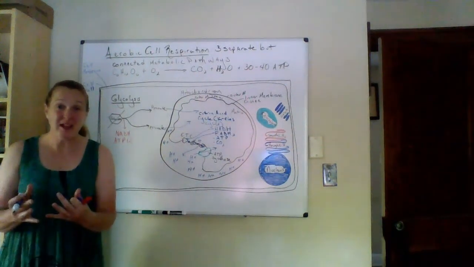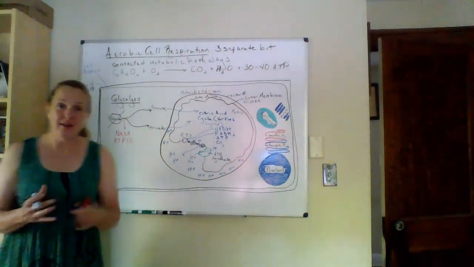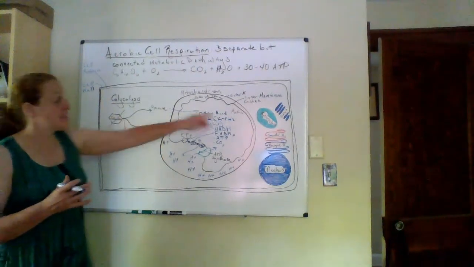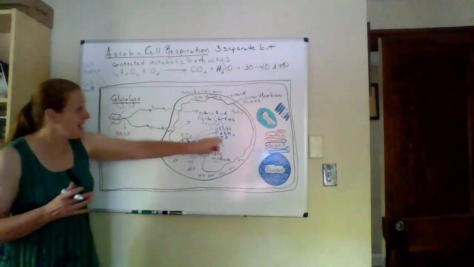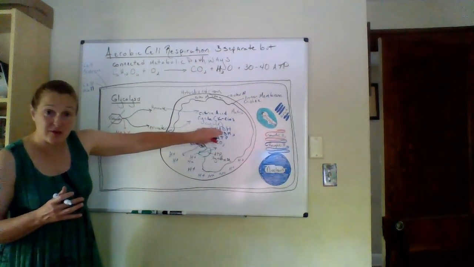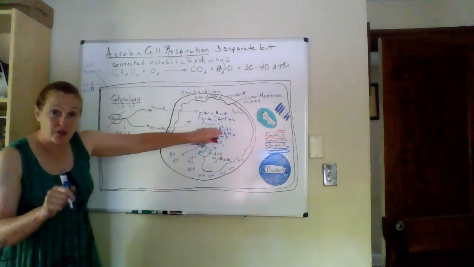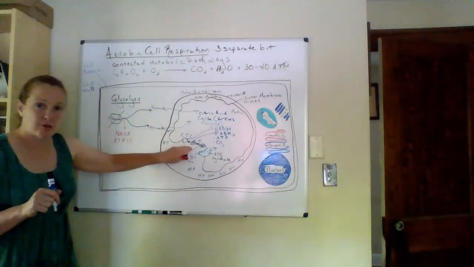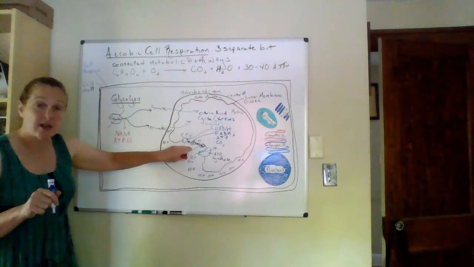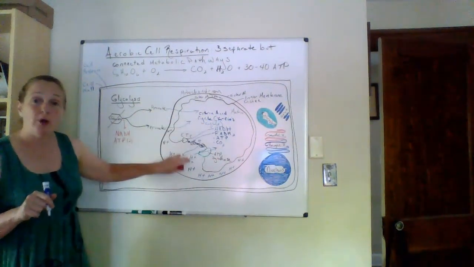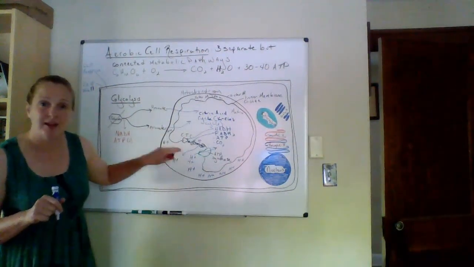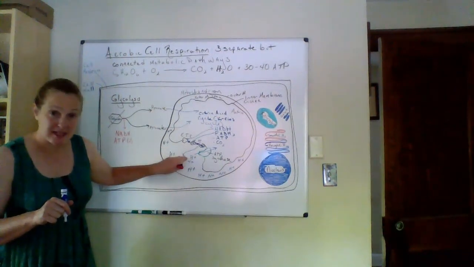So, the whole point of glycolysis and the citric acid cycle is to get to this point of making NAD and FAD energy. Because NAD and FAD energy then give our electron transport chain the electrons that wiggle through, pulling hydrogen in to make the hydrogen gradient.